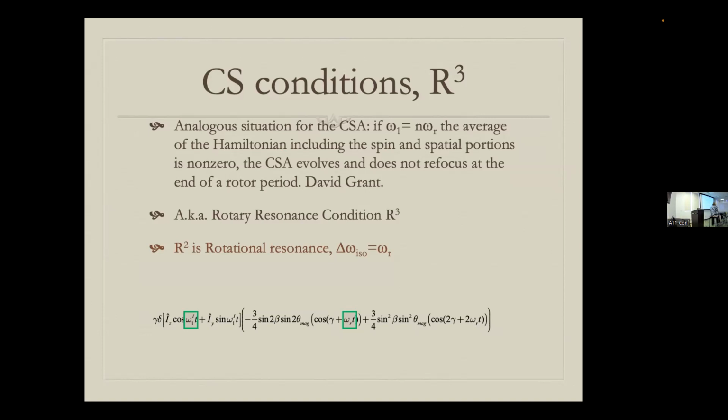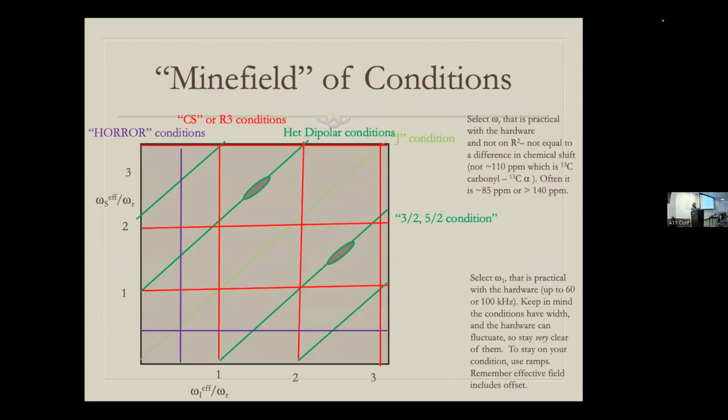One is to reinforce something I was talking about yesterday: if you say I'm off or on a condition, this cartoon should be modified in the following way to tell the story better.